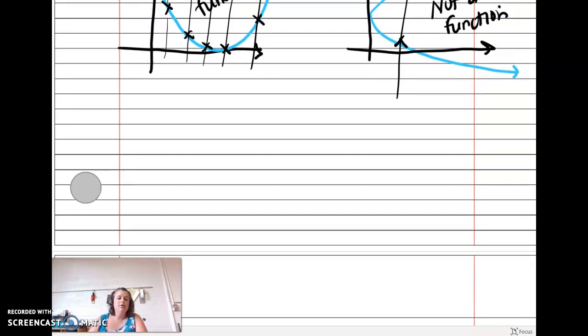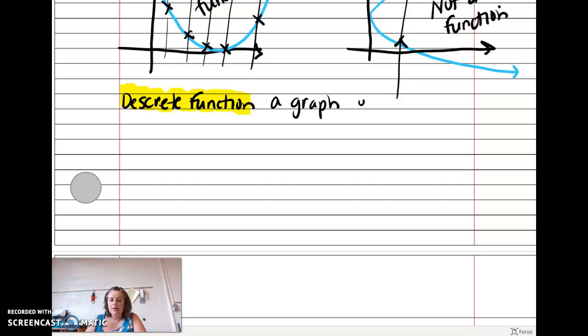Another one. Let's do discrete function. Highlight that. So a discrete function is a graph of points where there's no data in between.